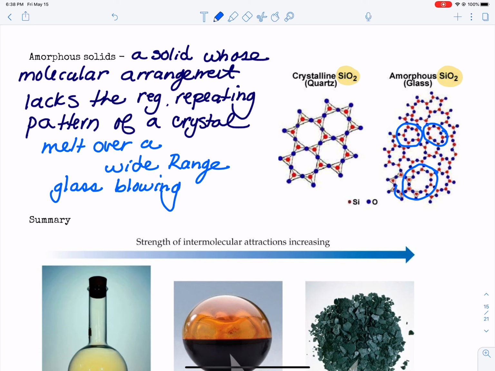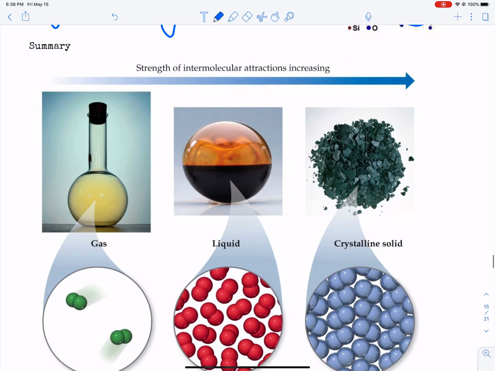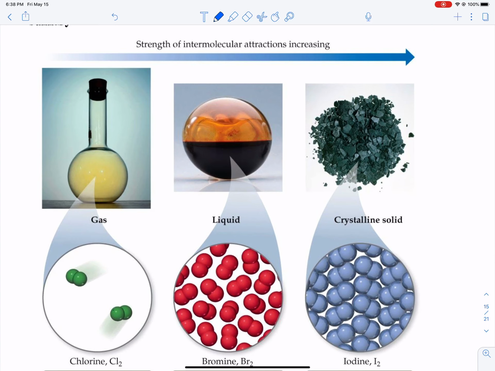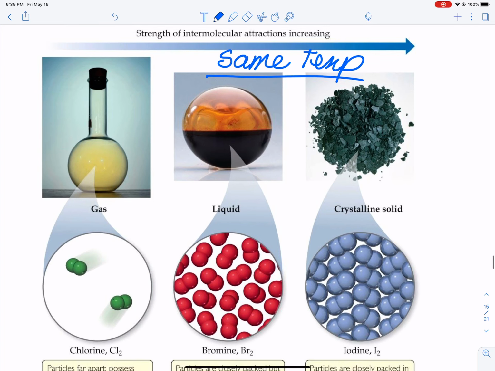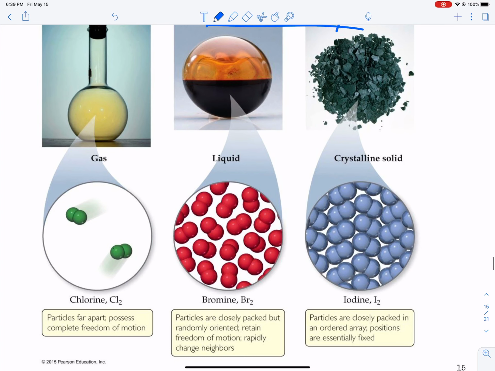Think about ice and water. There's no in-between phase with ice and water. It's a solid or a liquid, and that's it. So here is just a summary: if we're talking about the same temperature, right, just as a reminder, at the same temperature particles can be a gas, a liquid, or a solid.